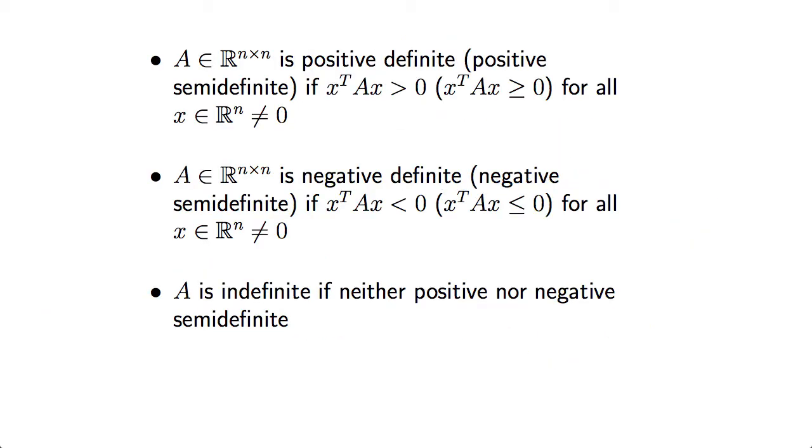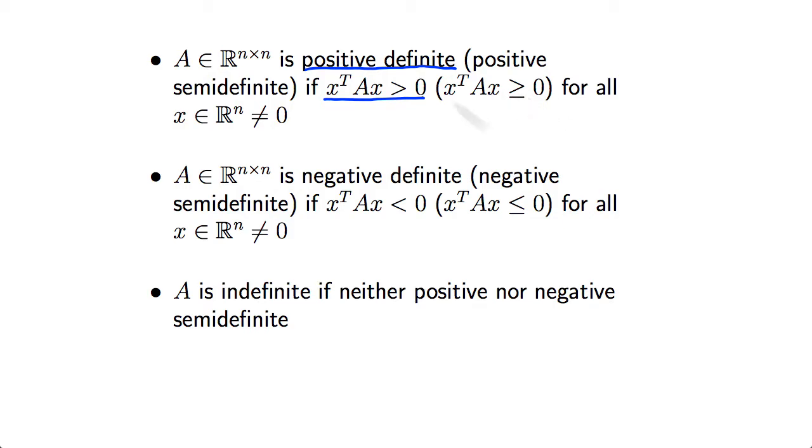Now let's give a few definitions. We say that a square matrix, n by n, is positive definite if and only if its quadratic form is always greater than 0 for all x not being equal to 0. Similarly, we say it's positive semi-definite if it's always greater than or equal to 0.